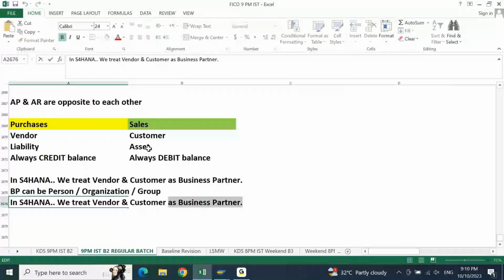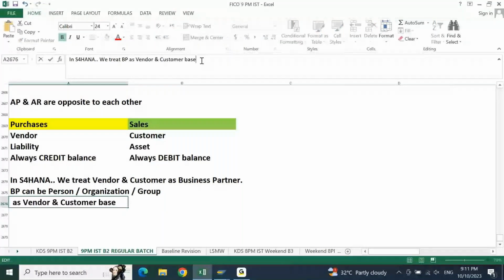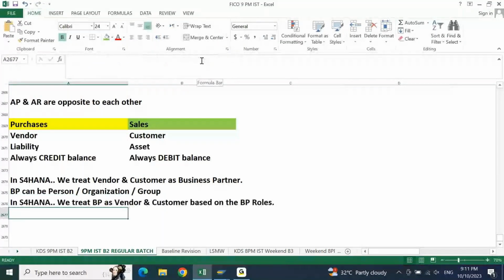In S4HANA, we treat BP as vendor and customer based on the BP role.